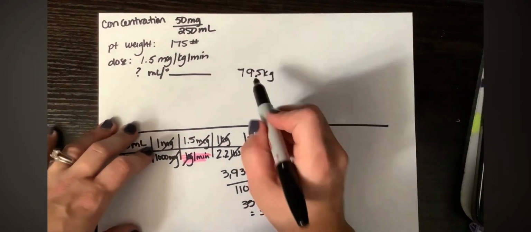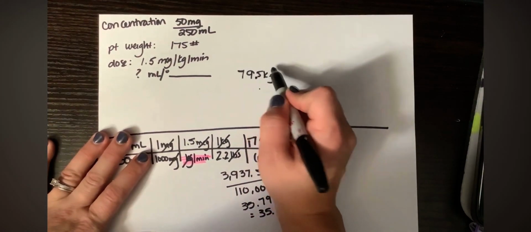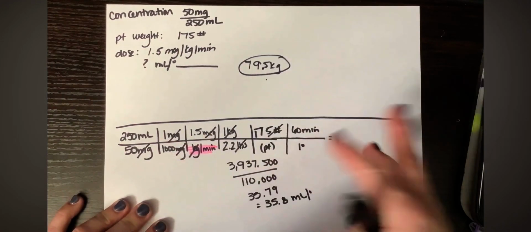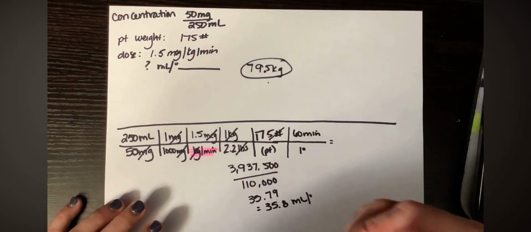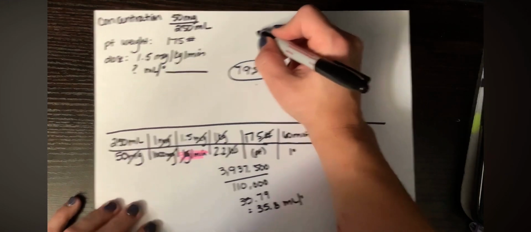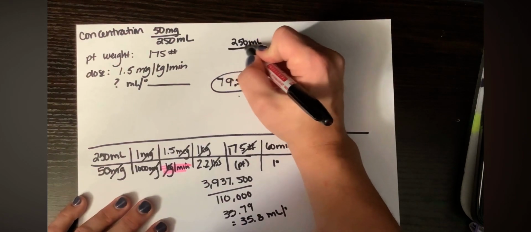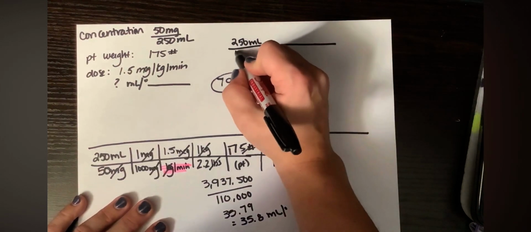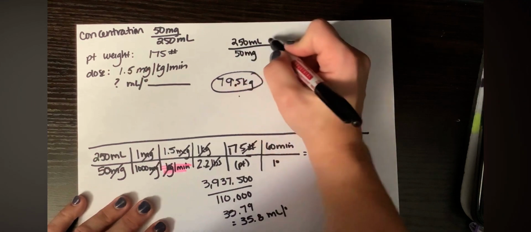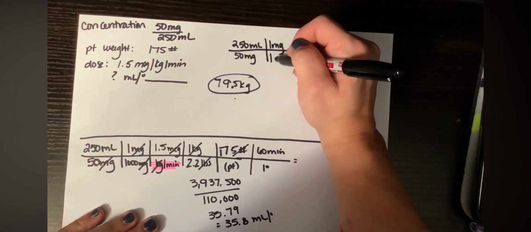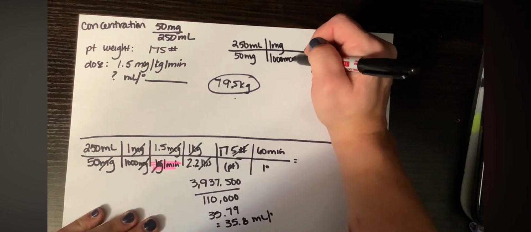So again, we could do this just using kilos. Same problem, I'm going to do the exact same problem, just having converted from pounds to kilos outside of the dimensional analysis setup. So 250 mLs, 50 milligrams, 1 milligram is 1,000 micrograms.